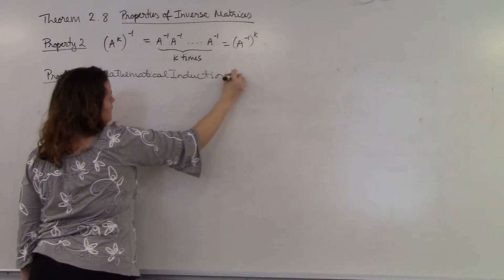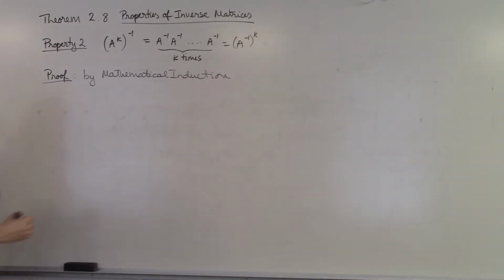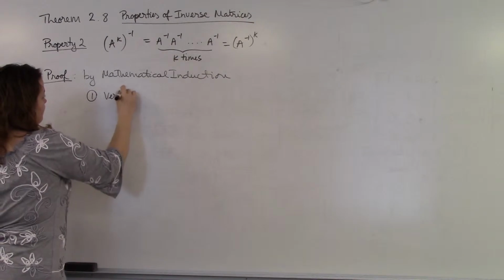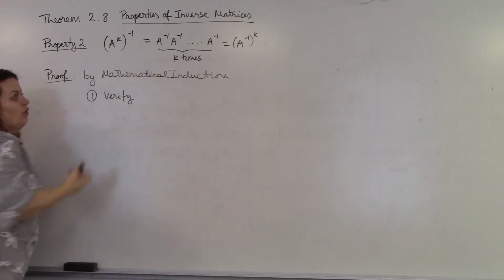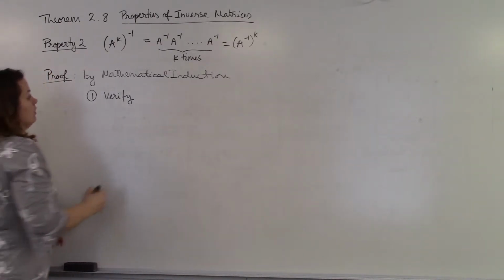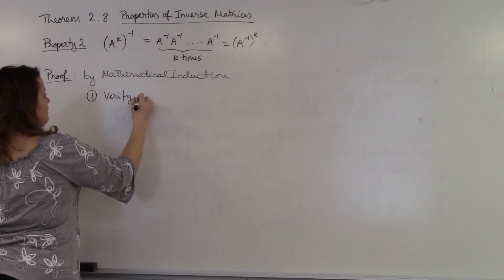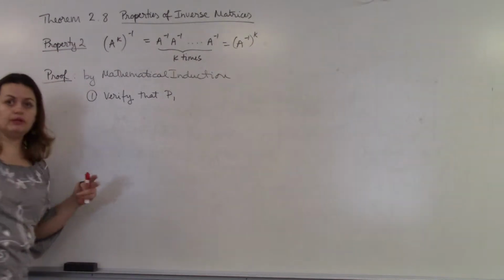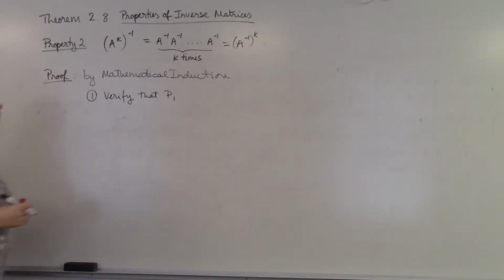You will remember that we first have to verify a special case. First we have to verify that the statement holds for k equals 1, or for the smallest k that the statement makes sense for. So we're going to verify that P1, the statement for k equals 1, is true.